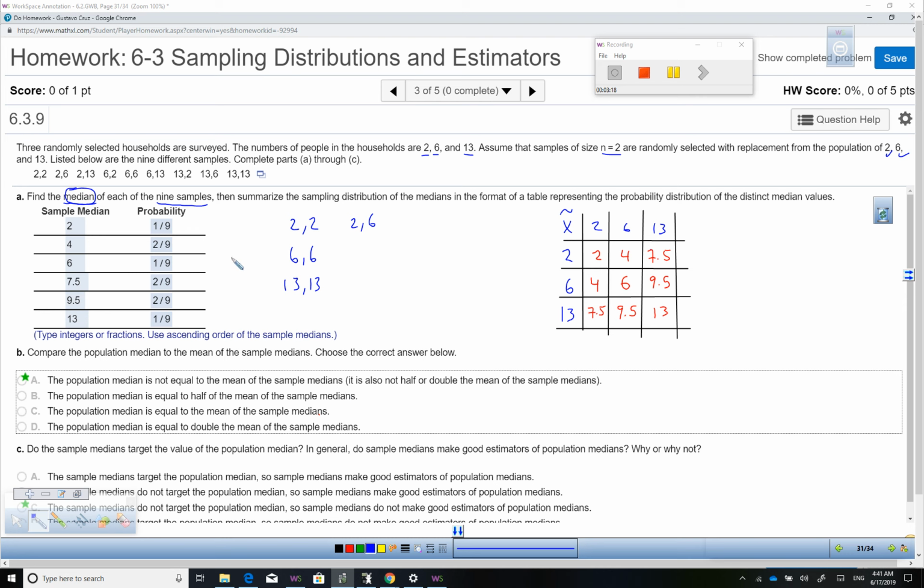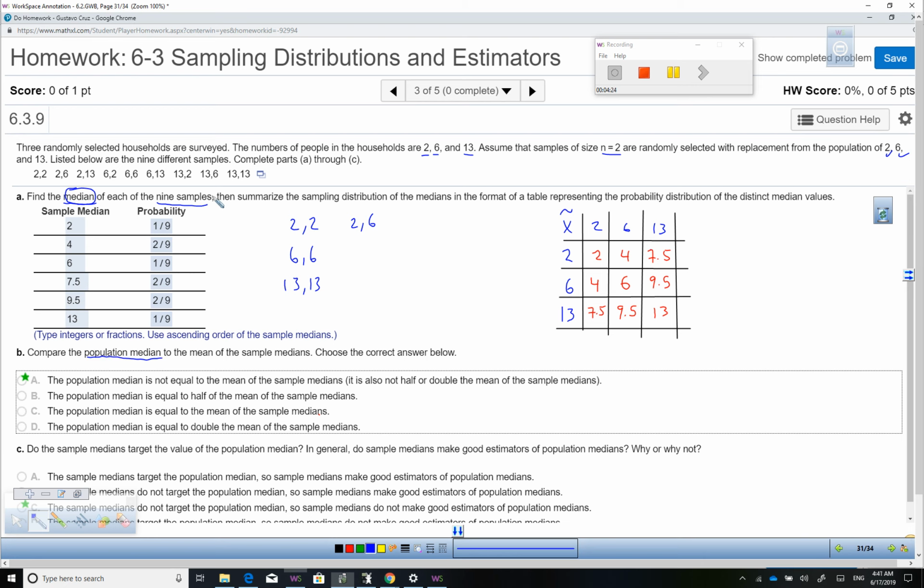For this problem, we also need to find the population median to compare with the mean of the sample median. Let's calculate the population median. That's pretty simple.